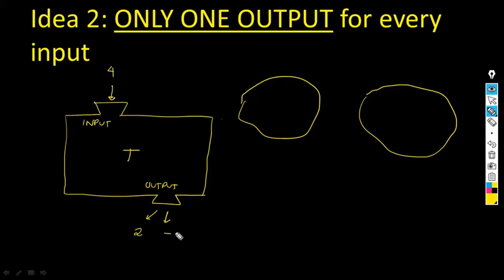It's also gonna give you the number -2 because -2 times -2 is also 4. So this machine T is taking the number 4 into 2 different outputs, 2 but also -2.